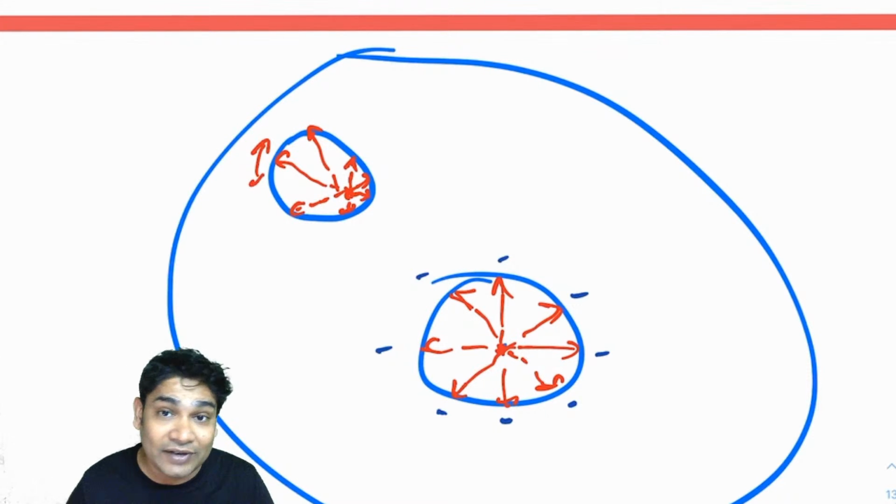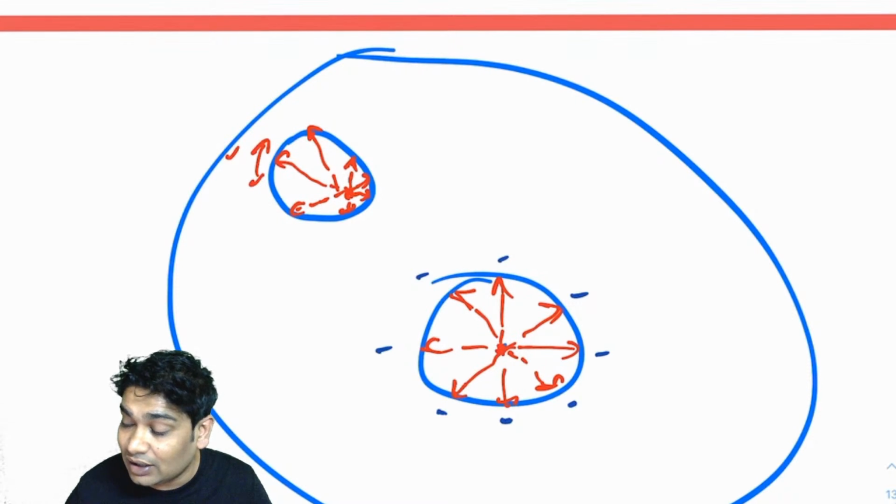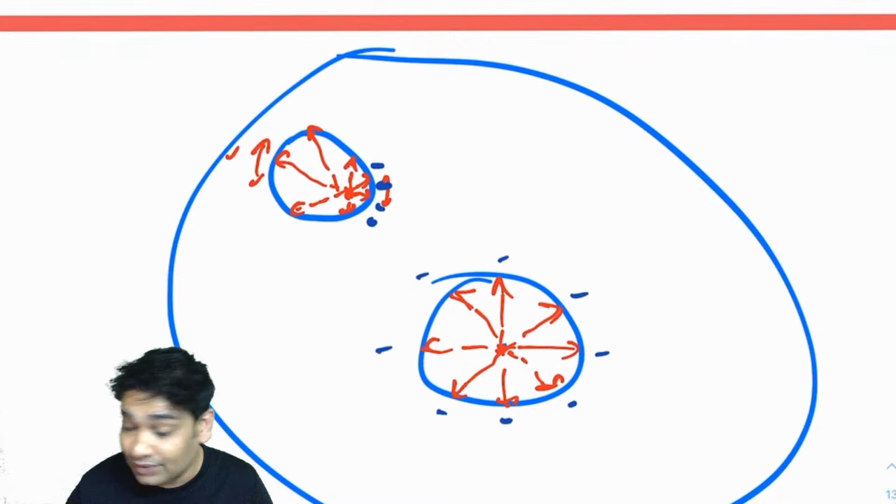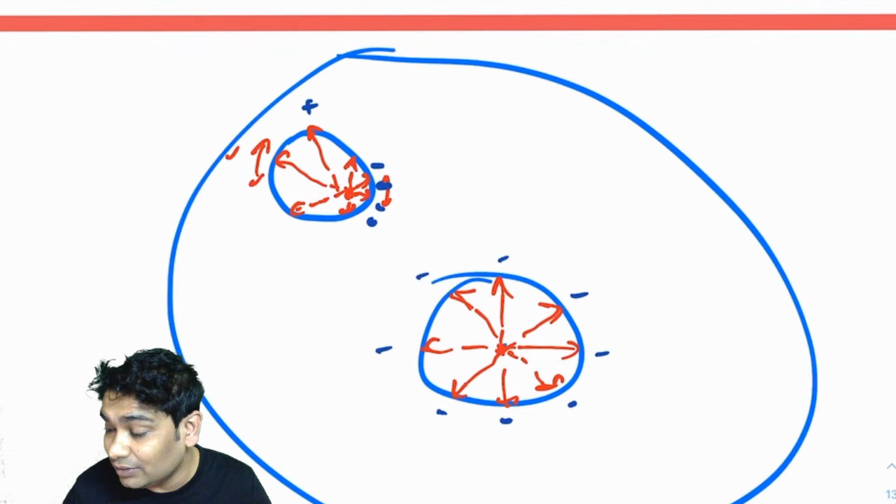Fewer field lines are getting terminated here and more field lines are getting terminated here. So that immediately tells me that the density of negative charge that gets induced would be higher here and lower here.